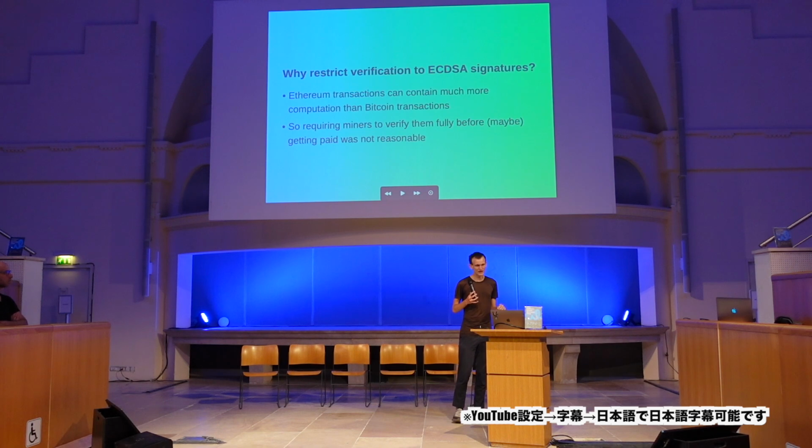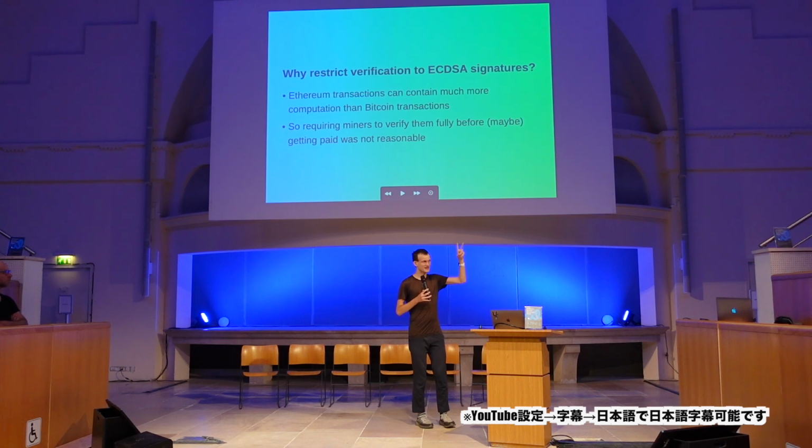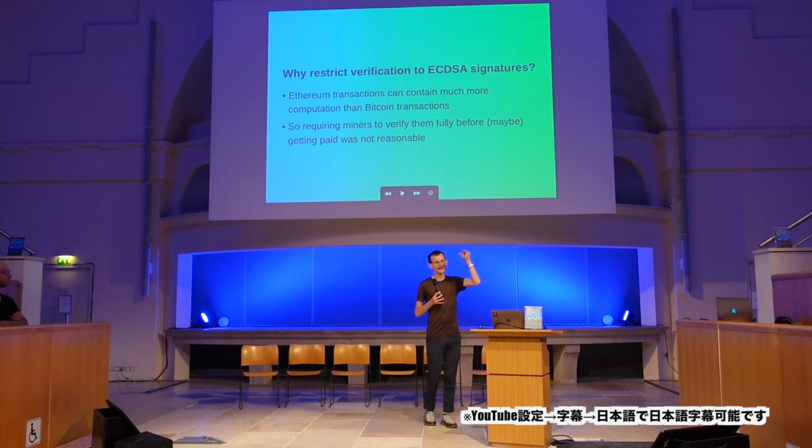And having miners do that kind of computation before even getting paid is not reasonable, right? The thing to remember is that as a miner, you're receiving transactions from the public mempool. It's a peer-to-peer network. You did not yet spend any money by putting something in the peer-to-peer network. You only spend money if that transaction gets into a block. So what happens if you could create a transaction which requires doing 10 million gas of computation, and then at the end, oops, you can't put it into a block, right?